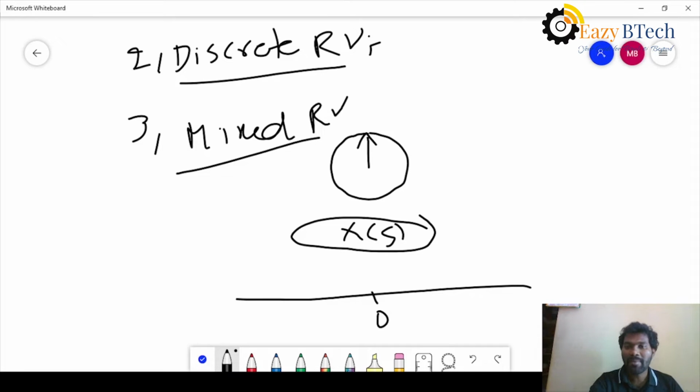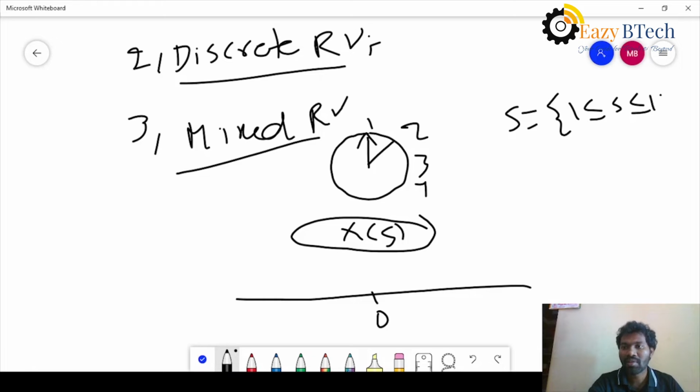So first define s. So s is from 1 less than or equal to s less than or equal to 12. So the needle stops anywhere from 1 to 12. This is the meaning of this one.